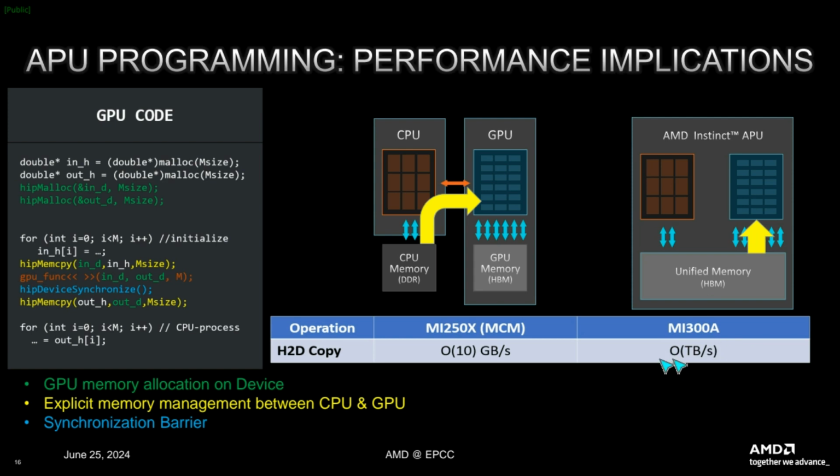And so we see the GPU can access that single memory space at the order of terabytes per second. And that's why this APU programming model has us so excited for application development. It just greatly simplifies the programming task.